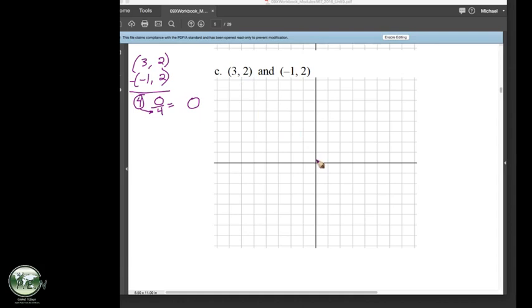Starting at 0, 0, there's 3, 2. Negative 1, 2. What kind of line is this?